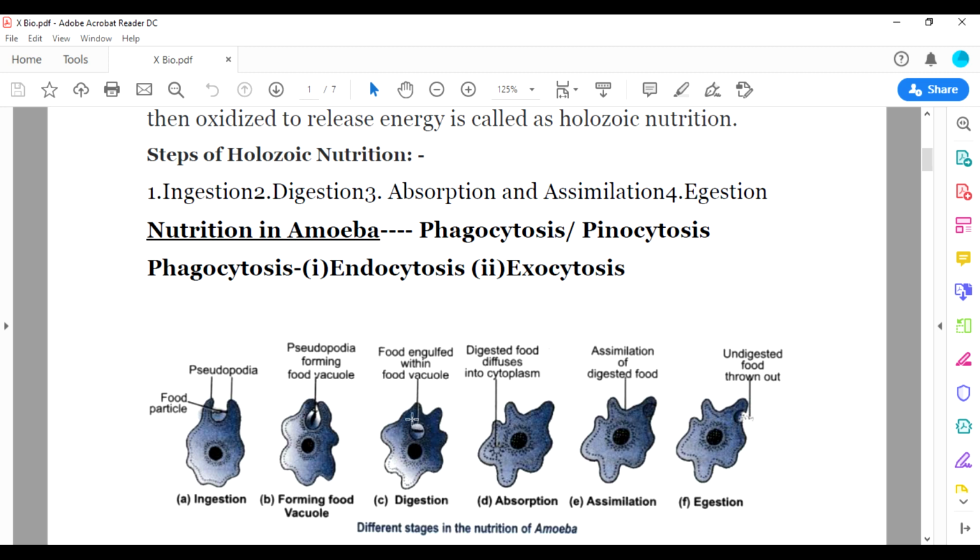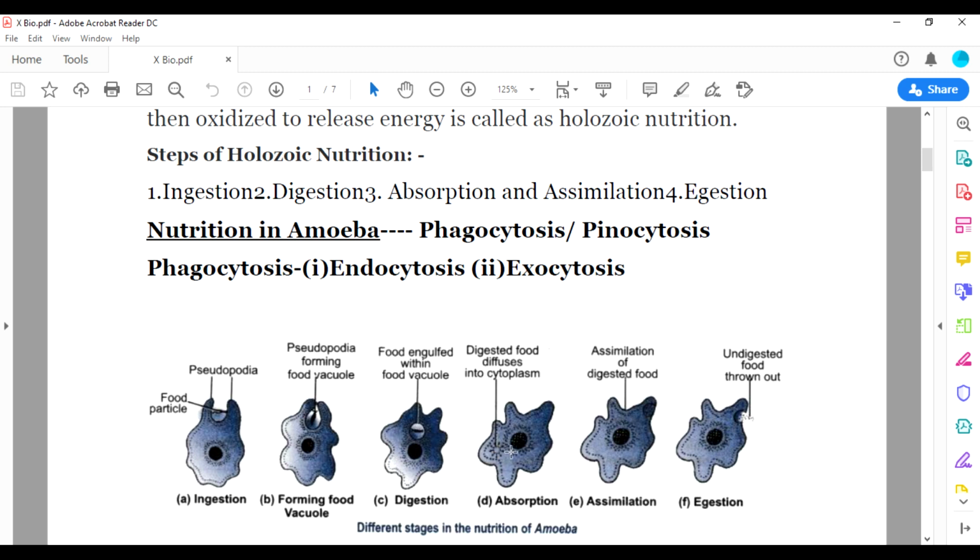Digestive juices are released into this food vacuole and the food is digested. Then digested food diffuses into the cytoplasm and spreads throughout the cell, where it is oxidized to obtain energy.